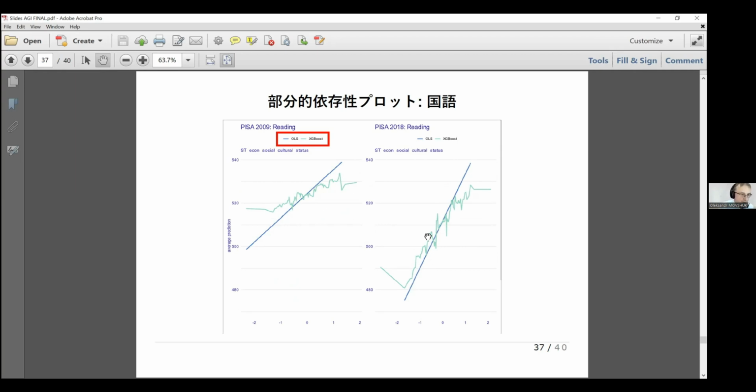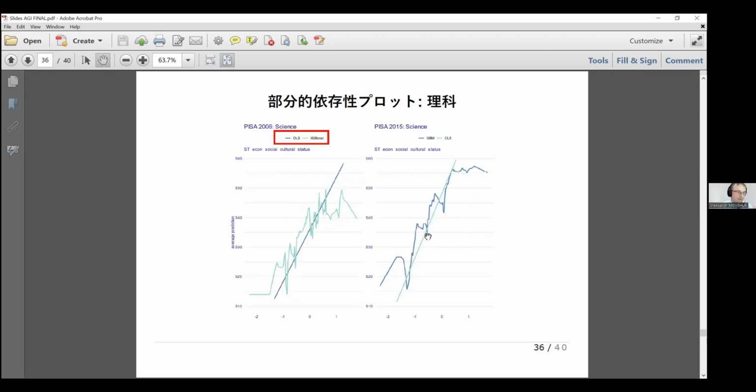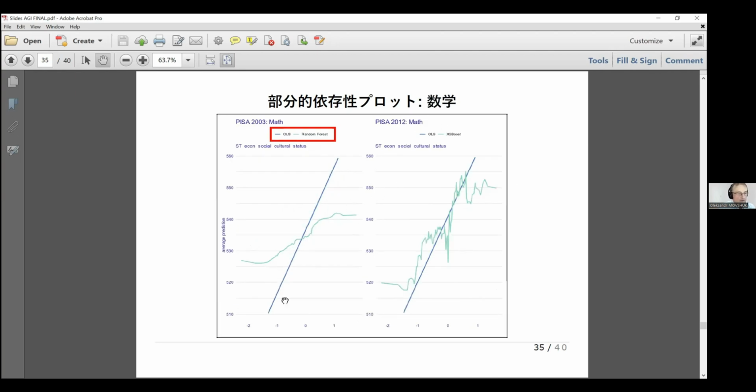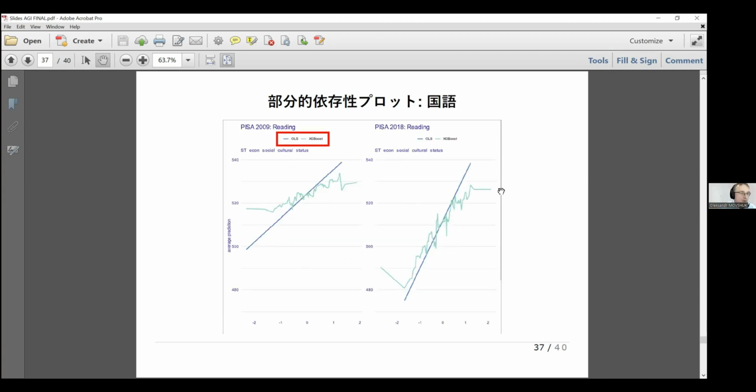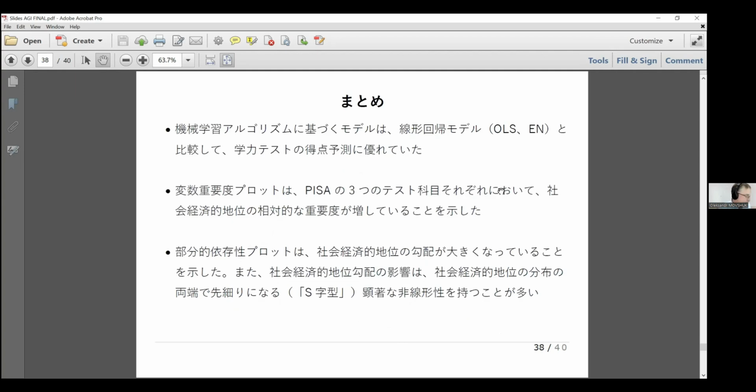So if you look at the results of the regression model, the regression line can be quite similar to the estimated slope by the machine learning model, but you can see that at the edges, the machine learning often finds the slope is flat, whereas obviously a linear model would easily miss this kind of S shape. Okay, so now I move into conclusions.